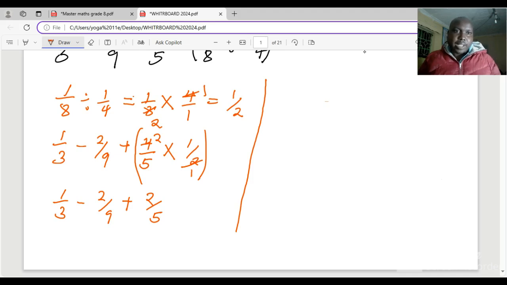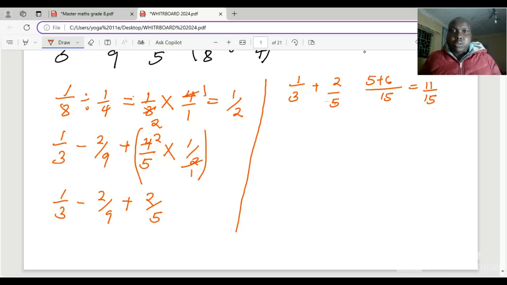From here, we can now carry out 1 over 3 plus 2 over 5 because these are the positive numbers. This and this one. So we can do it 1 over 3 plus 2 over 5. The LCM is 15. 5 plus 3 times 2, which is 11 over 15.